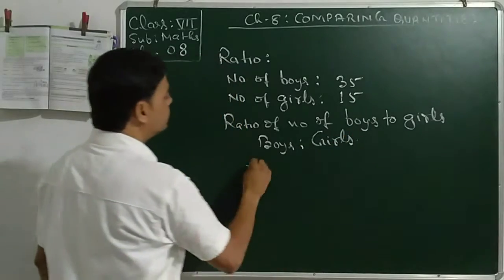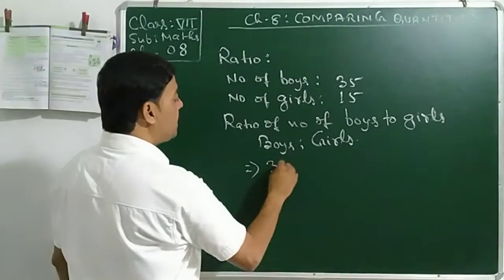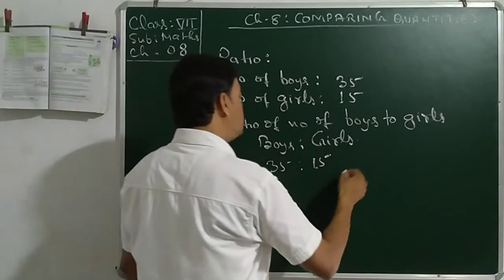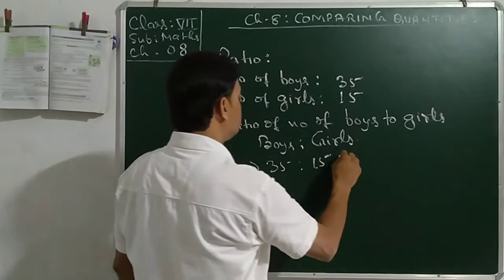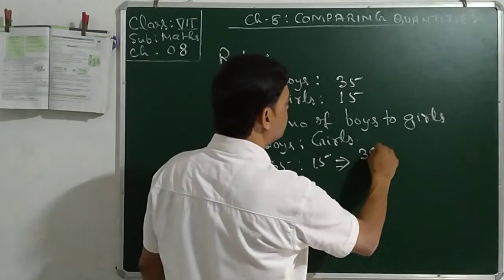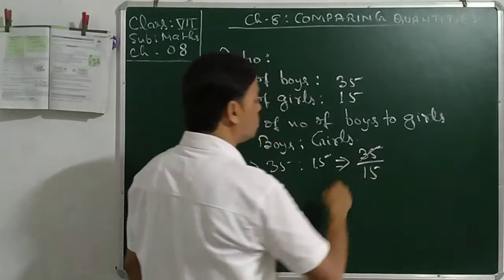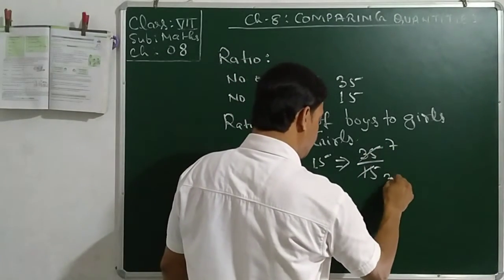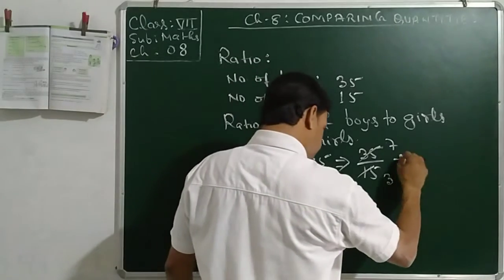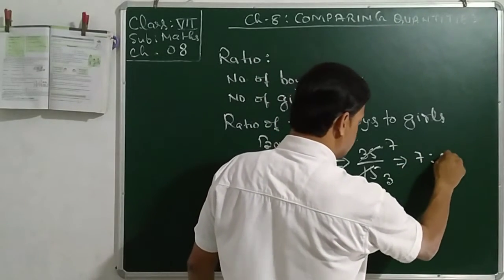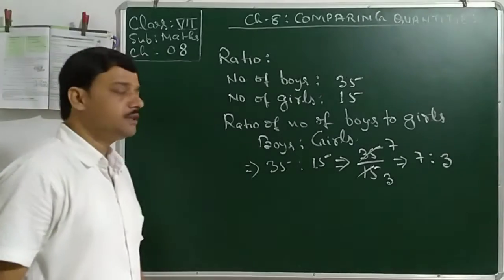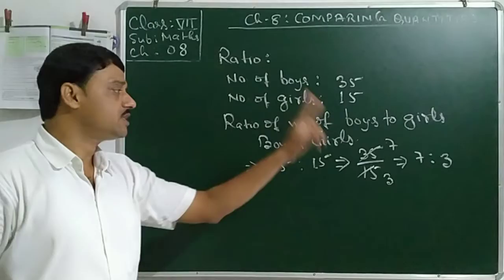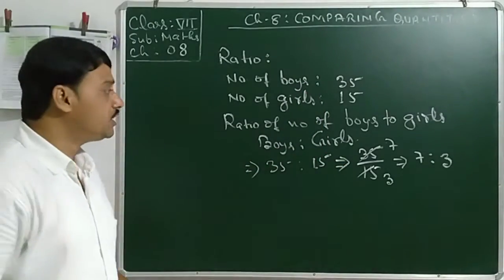That will be 35 is to 15. You can write it like a fraction also. 5 7s are 35, 5 3s are 15. You can write it as 7 is to 3. So the ratio of the number of boys to girls is 7 is to 3.